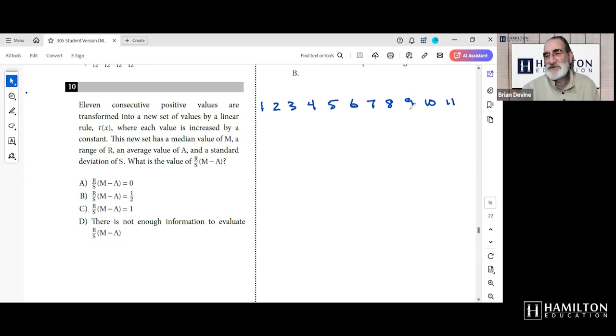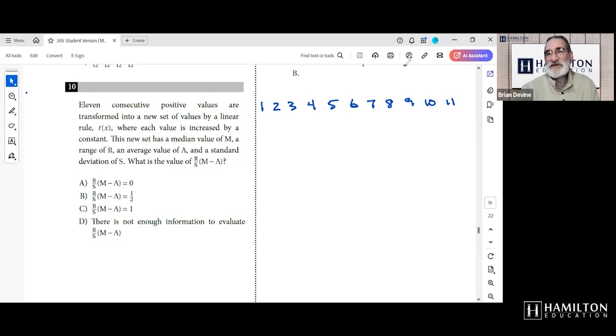And I put them through some sort of transformation. I mean, I could have multiplied them by 3 and added 4. I'm still going to have the same difference between each value that comes out, no matter what the linear rule was. You know, I could have just added 5 to everything, and then I'd have 6, 7, 8, 9, all the way up to 16.